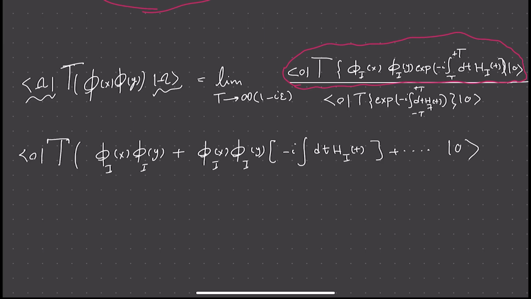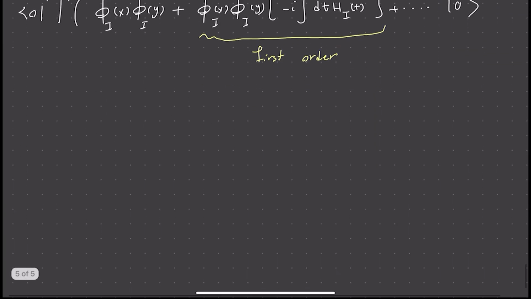Okay, so this is how we open this term here. This is up to the first order. So the first term is going to be the 2-point correlator that we just talked about.